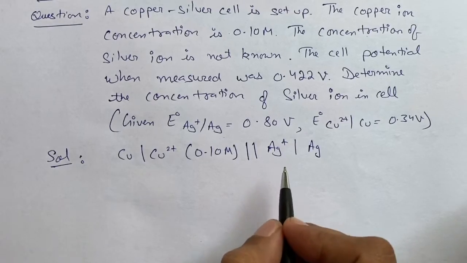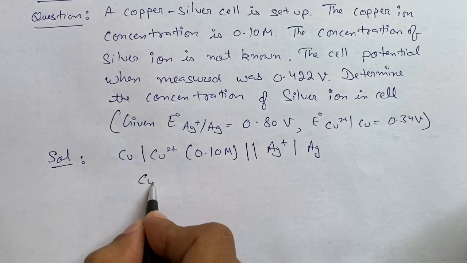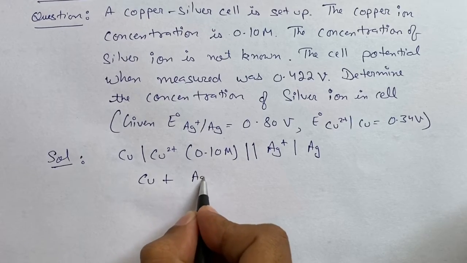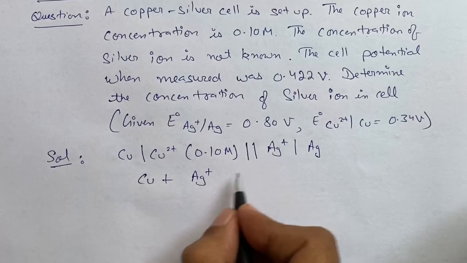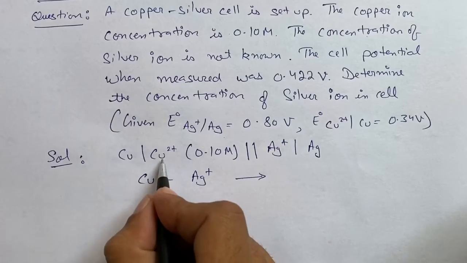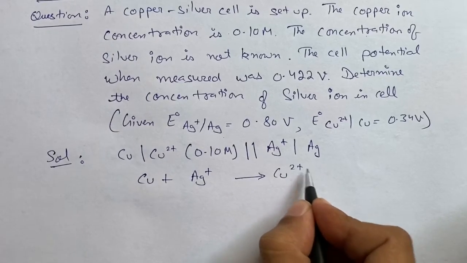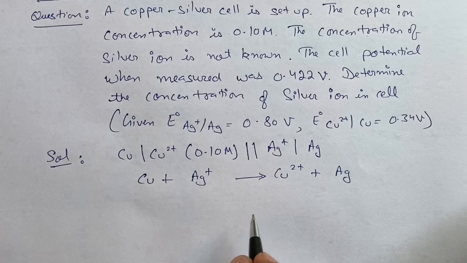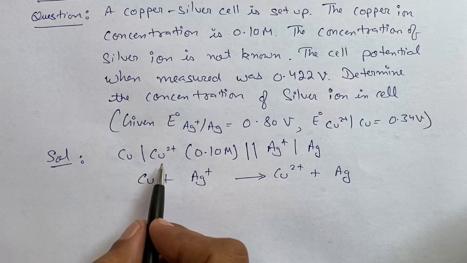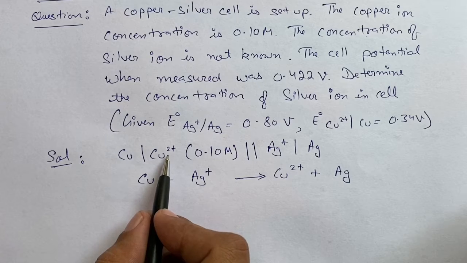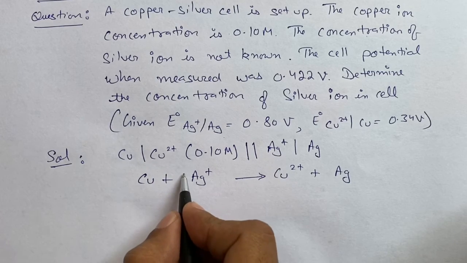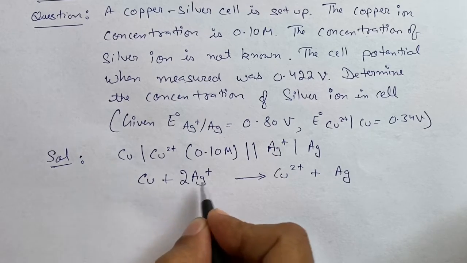Now writing the cell reaction: Cu plus Ag+ gives Cu2+ plus Ag. Now balance the equation, as there are two positive charges on the Cu2+ ion and one on the Ag+ ion.